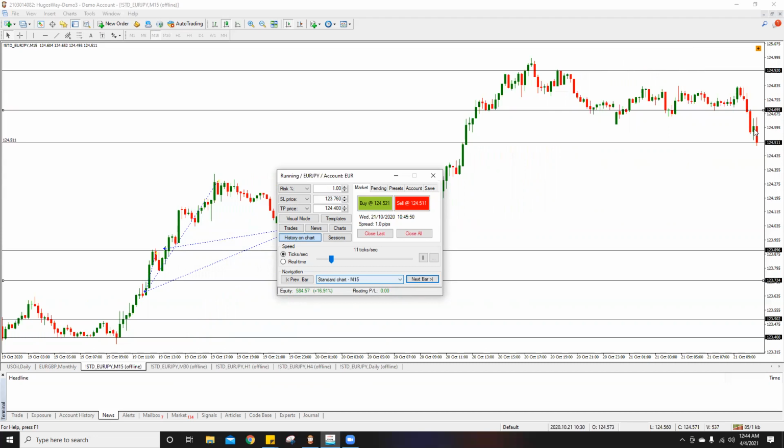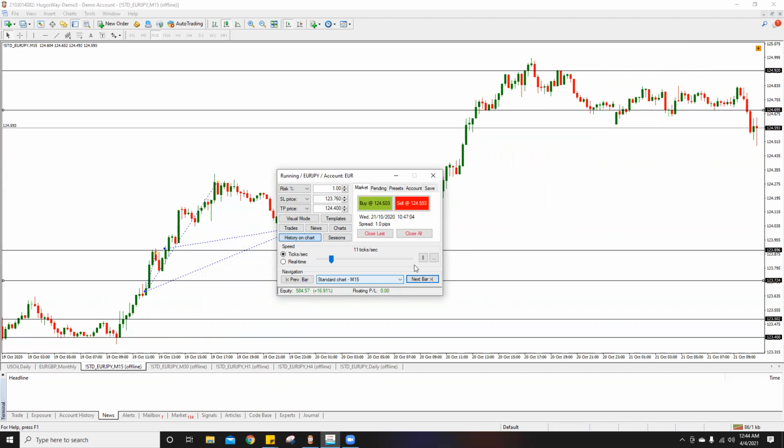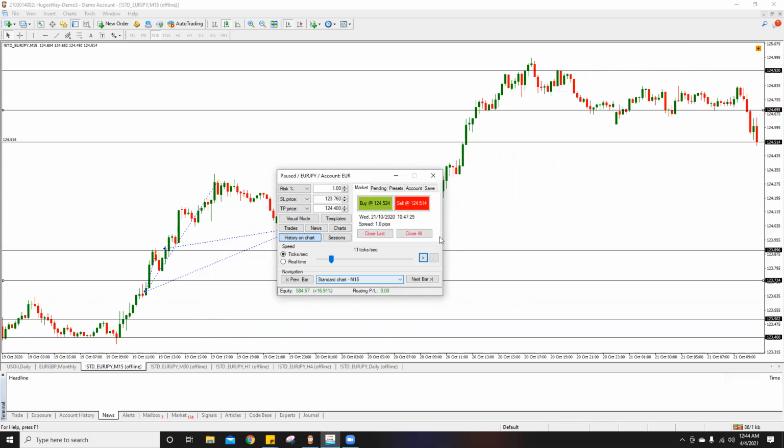All right, so now we're starting to, it seems like, break down. So this is pretty much where I would look for that sell opportunity. Now here, price has already respected this resistance of 124,700. And now it seems like it's going to continue back down there.